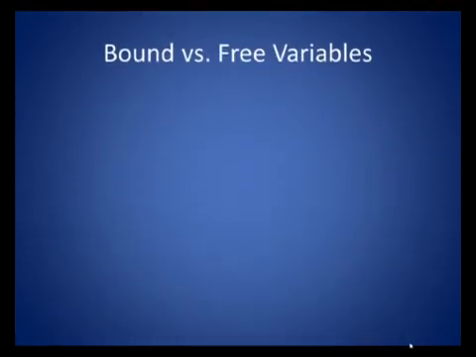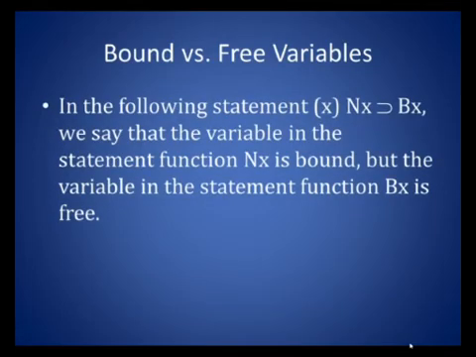So now let's talk about bound versus free variables. You may have a clue already what this is, but hopefully I can make it clear. In the following statement, for all x, nx implies bx, we say that the variable in the statement function nx is bound, but the variable in the statement function bx is free. The reason we say this is because nx is governed by the universal quantifier there, where bx is not.